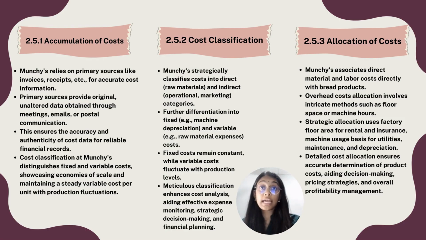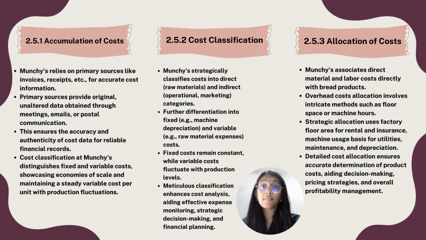Three steps: accumulation of costs, cost classification, and allocation of costs. The first is accumulation of costs, where Munchy's relies on primary sources like invoices, receipts, and so on for accurate cost information.